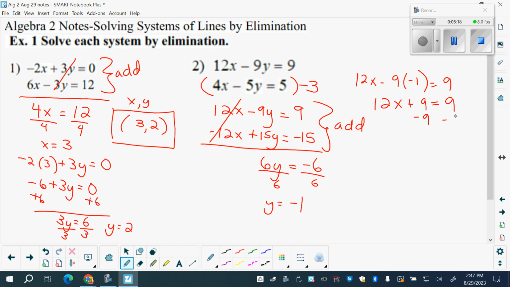Good. So I get 12x is 0, and then what's my last step? And then you divide by 12. Good. And I get x is 0, and so now I have my point, because I have my x and my y, so (0, -1) would be my point.